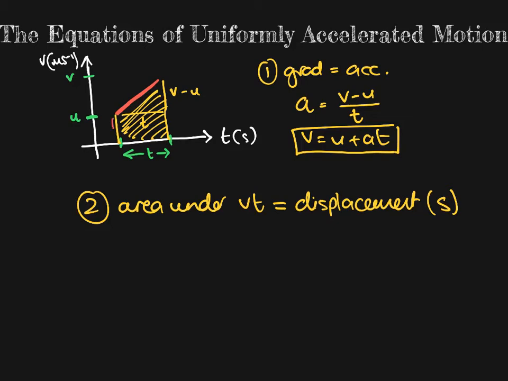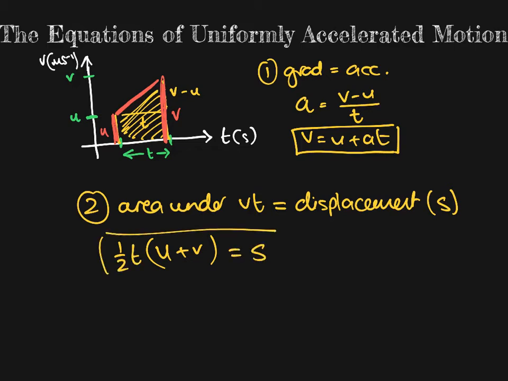So that's this side and this side. One of them is length u, one of them is length v. So the sum of the parallel sides, u plus v, times half the distance between them. So that's multiplied by half of t. And that gives us the displacement. And that's the second of our equations of uniformly accelerated motion.